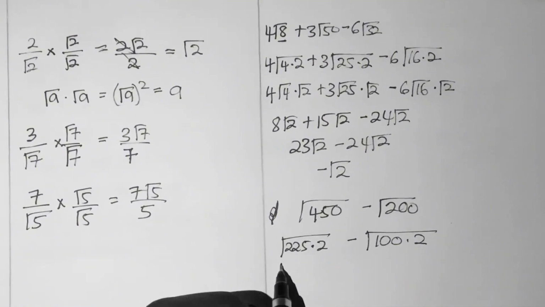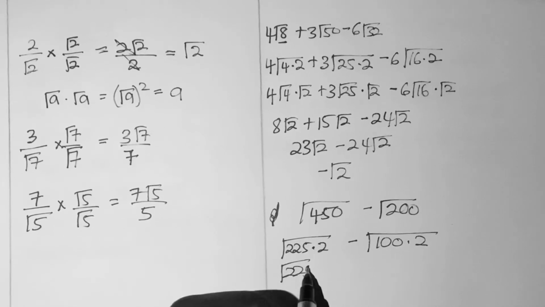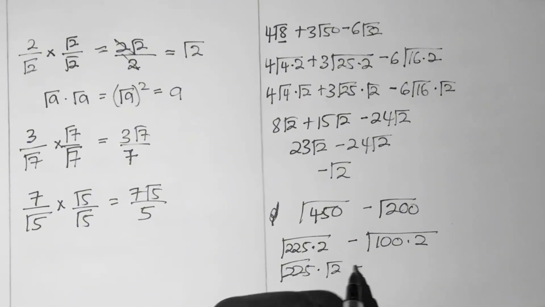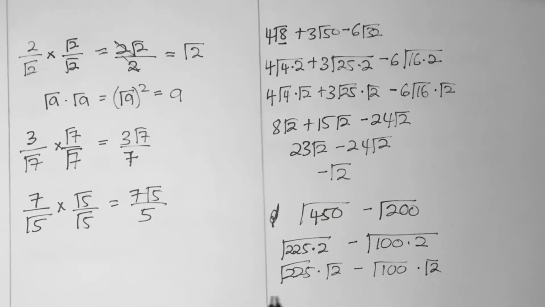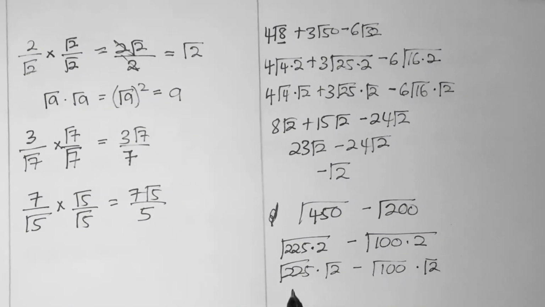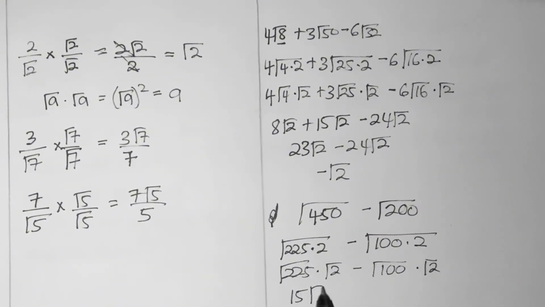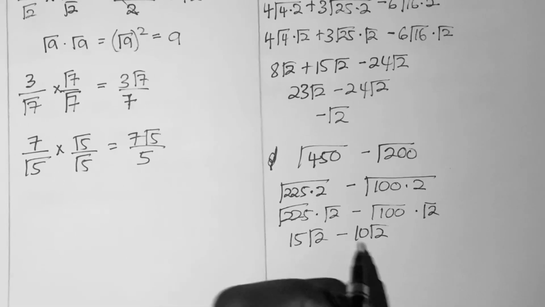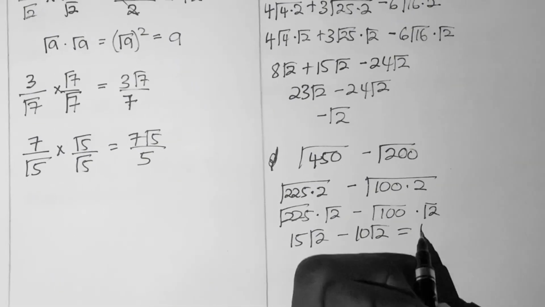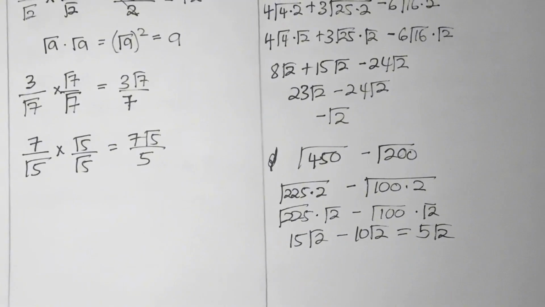So this becomes square root of 225 times square root of 2 minus square root of 100 times square root of 2. Square root of 225 is 15. So here is 15 root 2 minus square root of 100, which is 10 root 2. So 15 root 2 minus 10 root 2 is equal to 5 root 2.